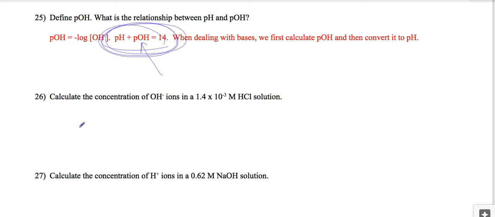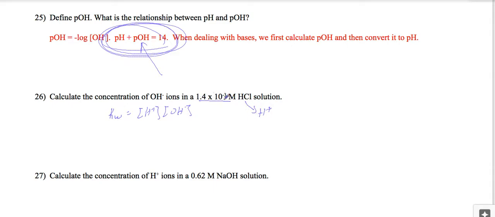Number 26. Let me get my workout. So we have this relationship. Remember, Kw is equal to the hydrogen ion concentration times the hydroxide ion concentration. Remember, strong acids dissociate 100%, so whatever we have of hydrochloric acid is also the concentration of the hydrogen ions. So these two things are exactly the same.